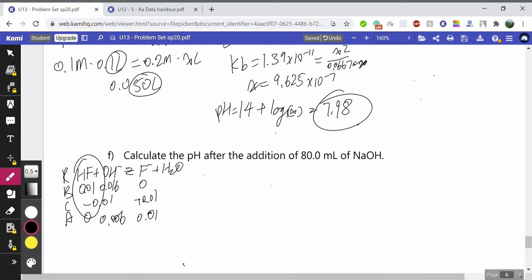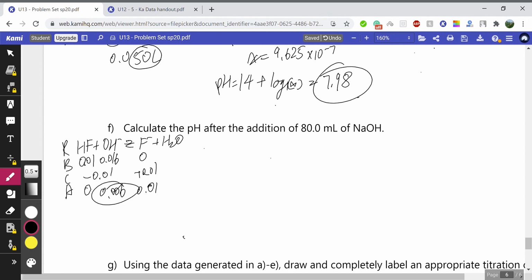Now, because we have no more HF left, we cannot use the HH equation once again. But since we're given moles of OH minus, all we have to do is convert this to molar, using the new volume of 0.180 liters. 0.006 moles divided by 0.180 will give you 0.0333 molar.